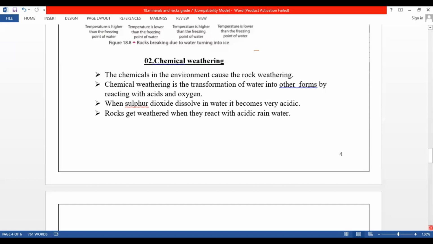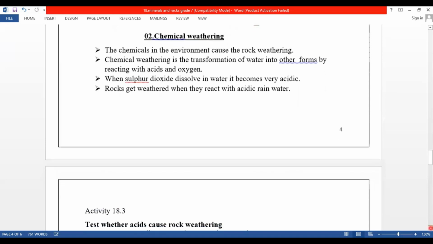Dissolution means dravanaya. Acids dissolve in rainwater and the water becomes very acidic, and when this acidic rainwater falls onto the rocks, they get weathered. Rocks get weathered because of the acidic nature. That is the chemical weathering.